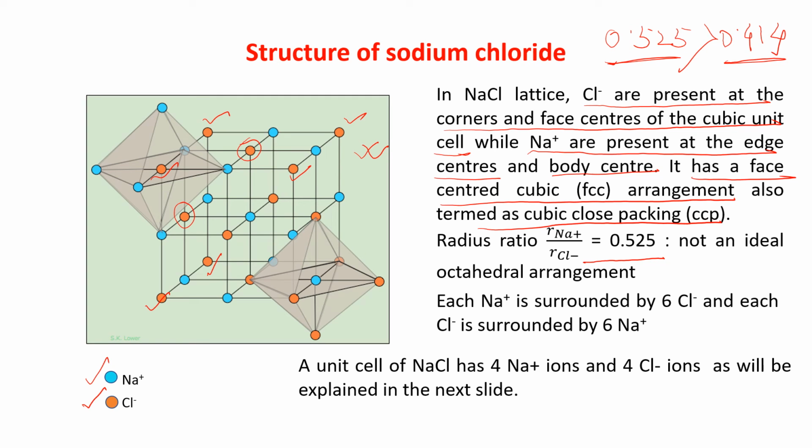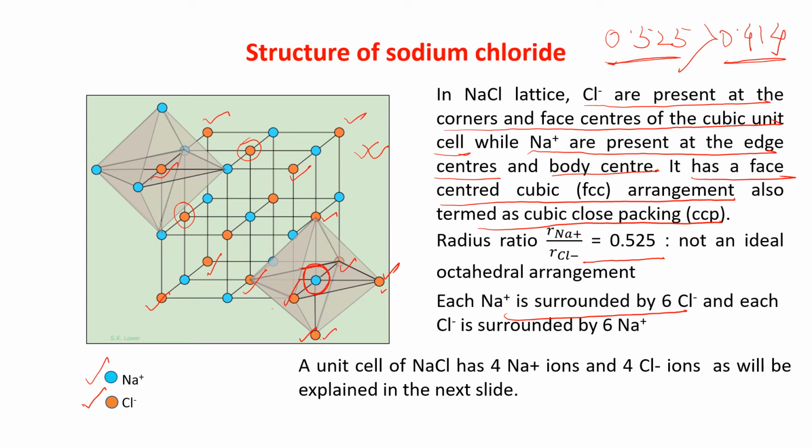Now each sodium ion is surrounded by 6 chloride ions. Just take any one. This one I am taking, the sodium ion. Now these two are the chloride ions I have taken from another cube. So this sodium ion is surrounded by, you see, 1, 2, 3, 4, 5, 6 chloride ions.